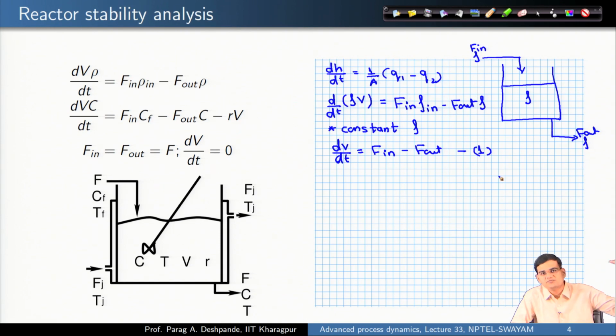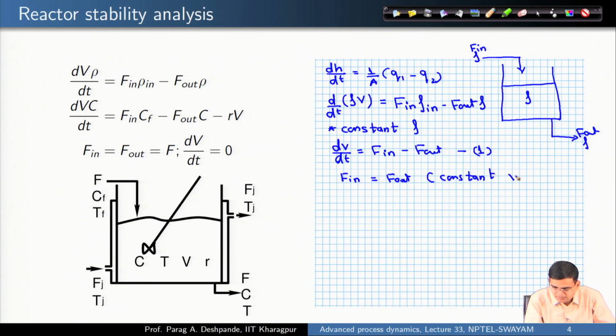So, you have inlet flow rate, you have outlet flow rate, and the liquid level in the tank in the CSTR remains constant, which means the volume of the reaction mixture remains constant, in which case I can write F in is equal to F out, which means constant volume.